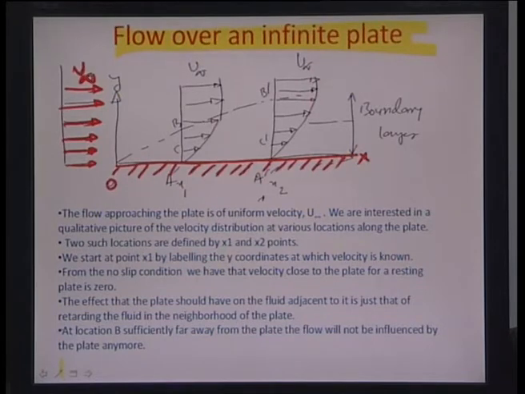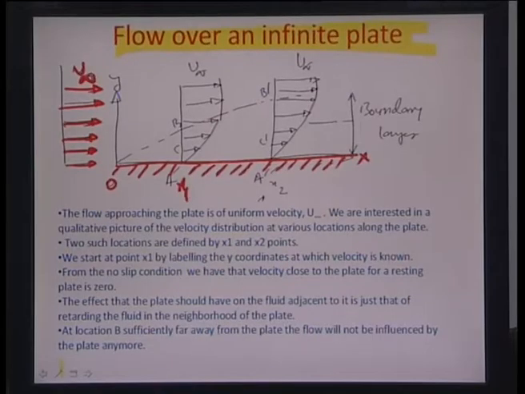We are first probably interested in getting a qualitative picture of what would happen to the flow when it starts just about entering the zone where there is a fixed plate at the bottom. So, let us say we have two locations along this plate, x1 and x2 at points A and A dash respectively, where we are trying to investigate what kind of behavior will be expected.